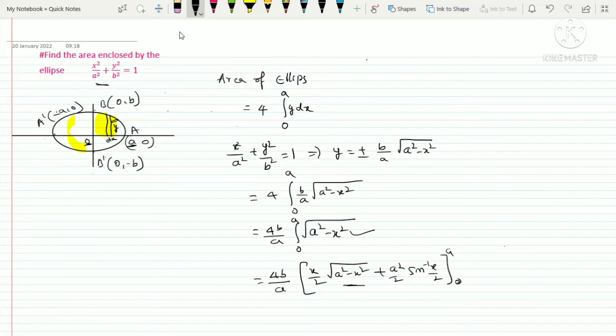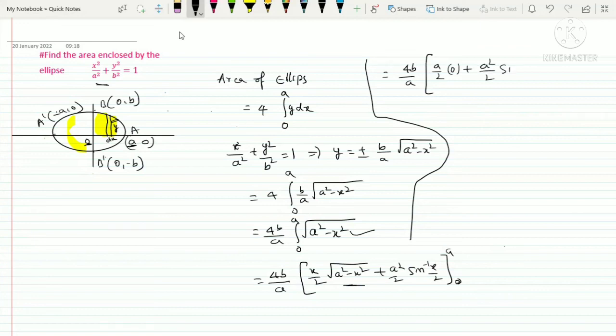Now I will apply upper limit minus lower limit. 4b by a, constant, keep as it is. What is the upper limit? x equals a. That is a by 2 root a square minus a square, which is 0, plus a square by 2 sine inverse of x by a.